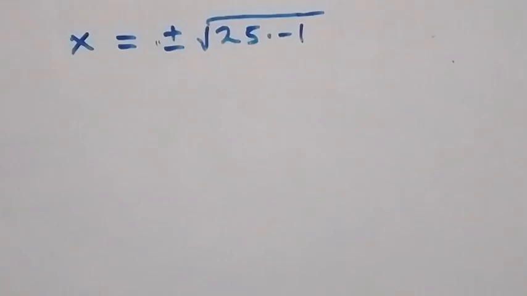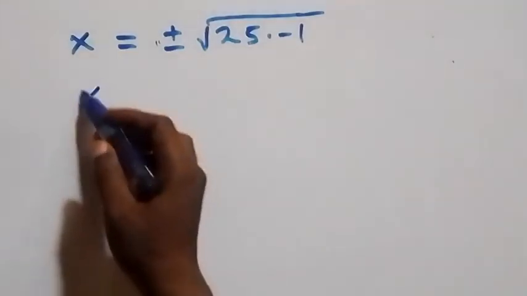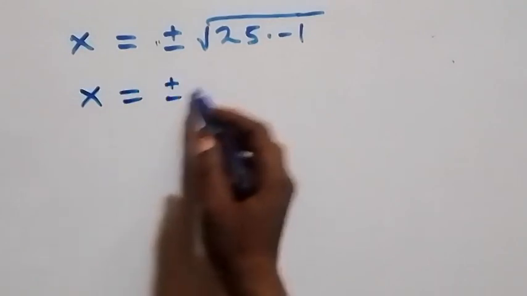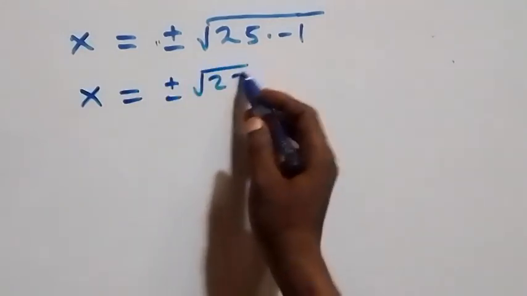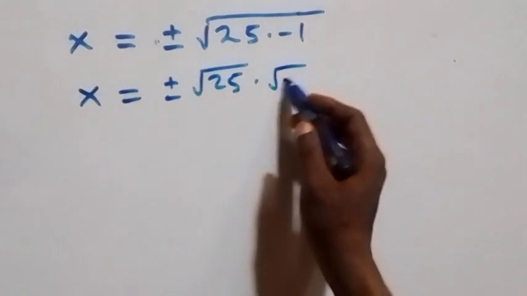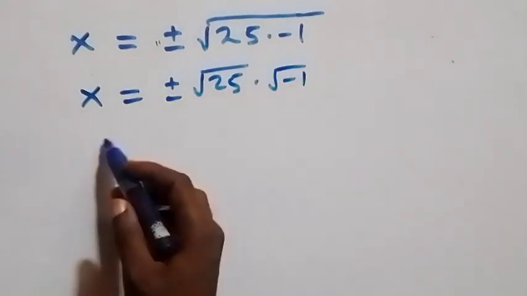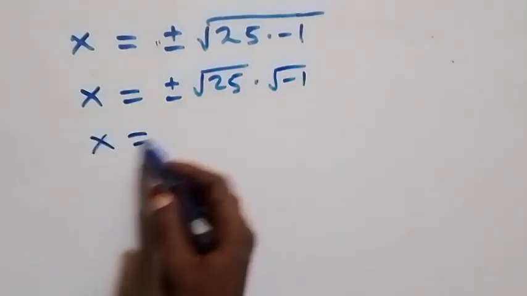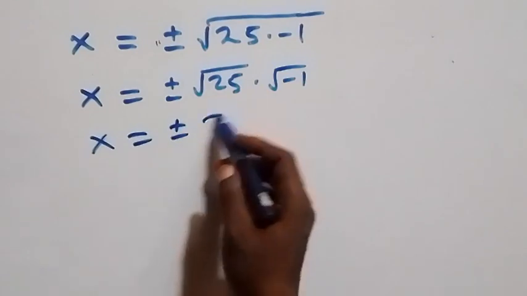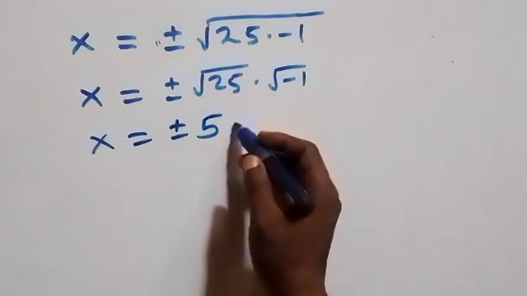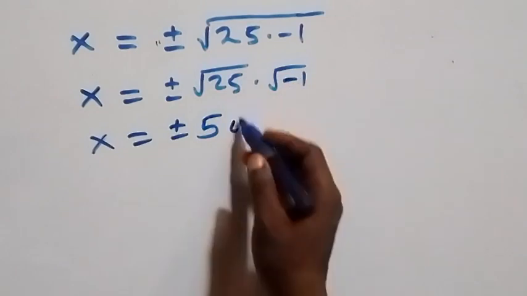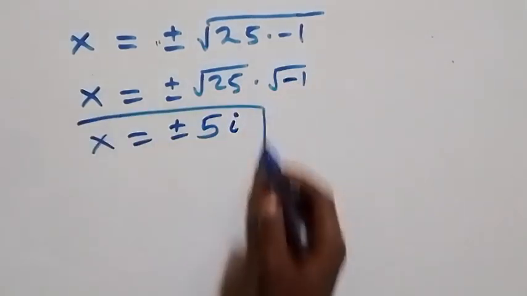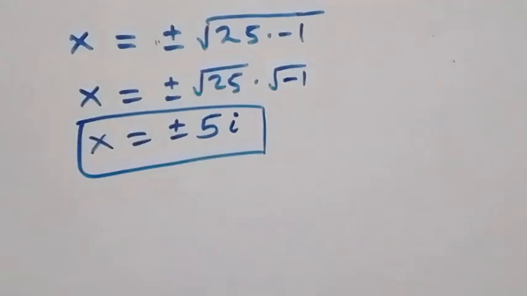That is, we can write this as x equals plus or minus root 25 times root minus 1, which implies we have x equals plus or minus root 25, that's 5, then root minus 1, that's i. So here we have two complex solutions from here.